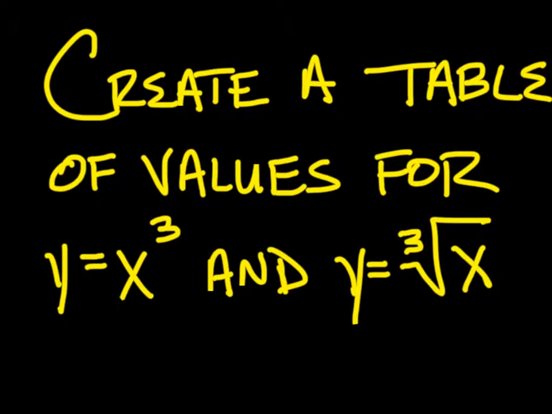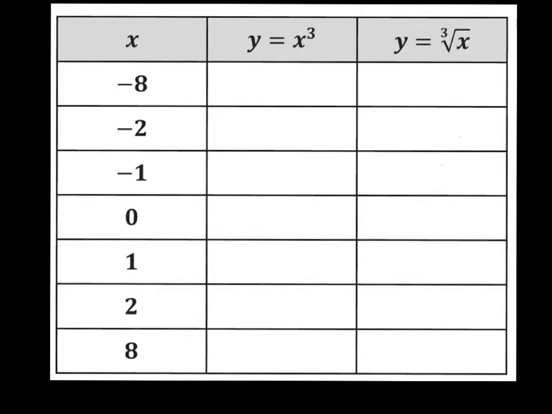Alright, create a table of values for y equals x cubed and y equals the cube root of x. So here's the table, and we have to fill it in. Let's start with -8.